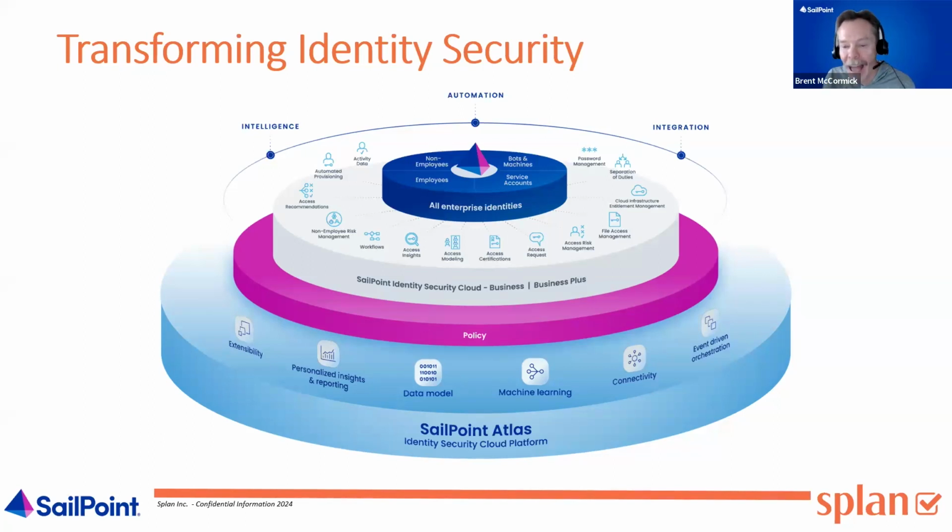Then on top of that integration, we have a policy layer to help with managing policies that can be defined for who gets access to what. And that's across the board with birthright or joiner, mover, leaver capabilities. It's also the ability to have the roles that are provided be just part of your birthright access.